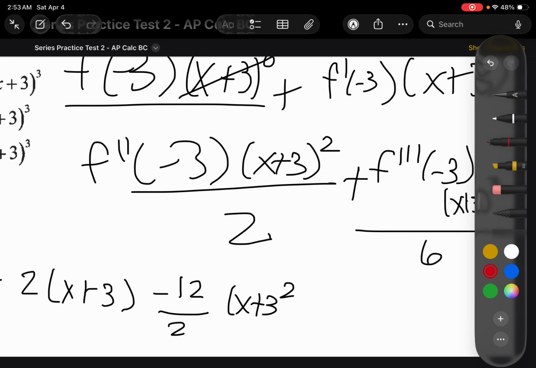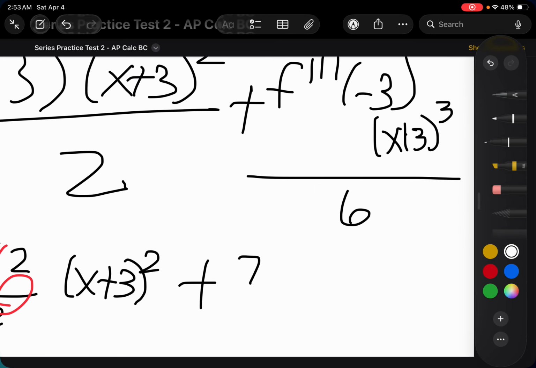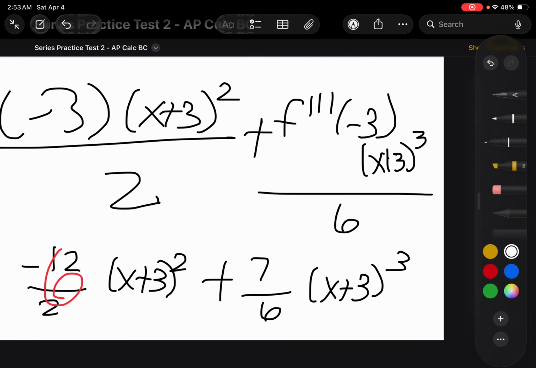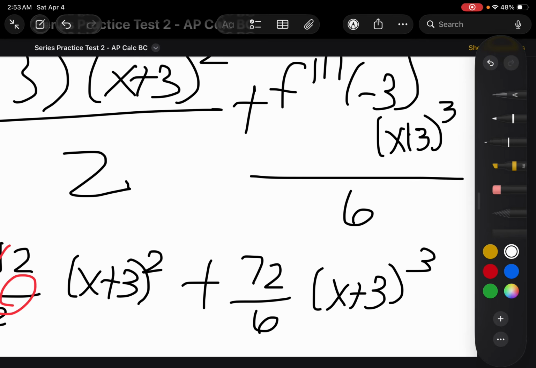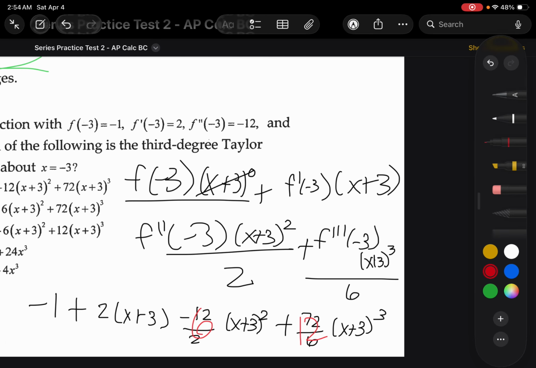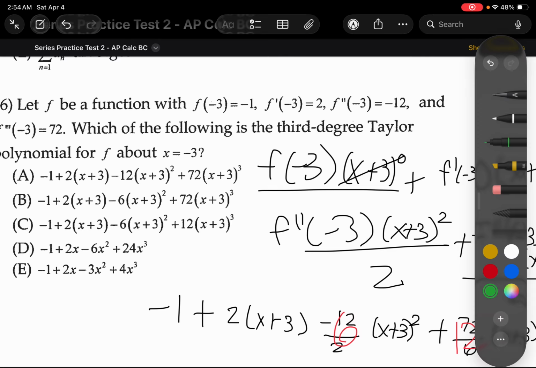So that's going to be 6. Plus f triple prime of -3, which is 72 over 6 times x plus 3 cubed. 72 divided by 6, that's going to be 12. All right, that's our answer. So which of the following matches that? Our answer is going to be C.